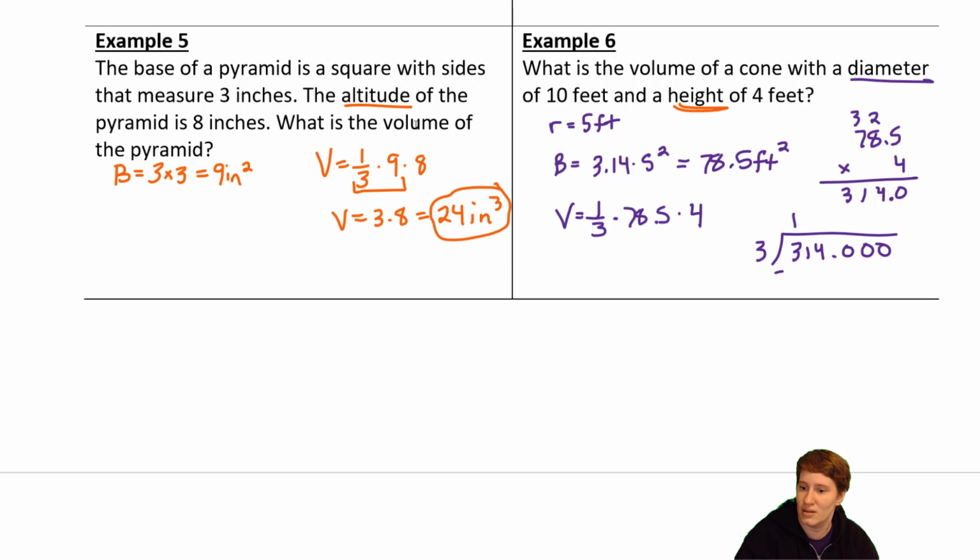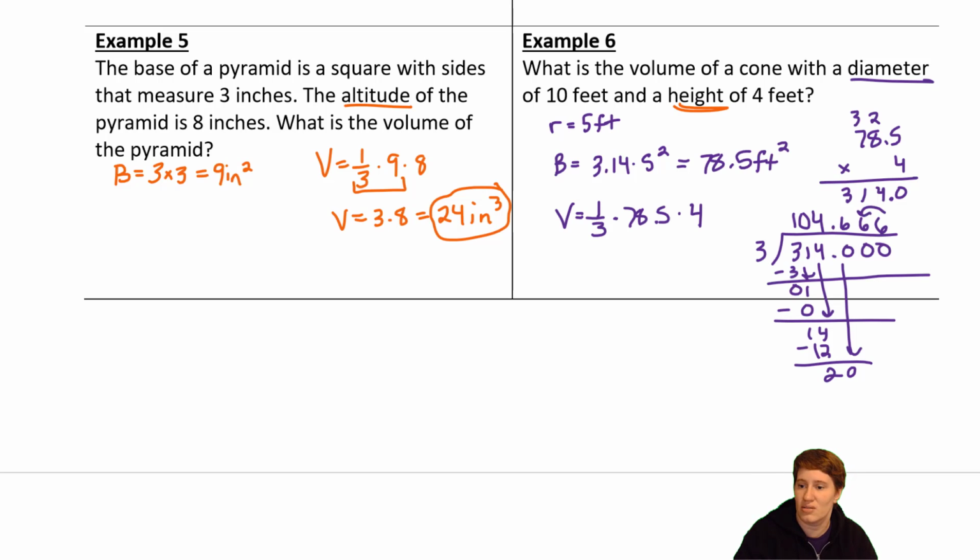So it goes in once. 3 goes into 1 no times. 3 goes into 14 4 times. 3 goes into 26 6 times, and then that is going to just repeat. So this rounds up to 104.67 feet cubed.